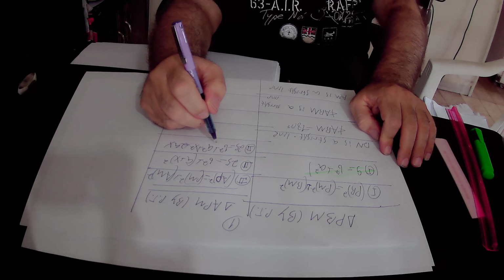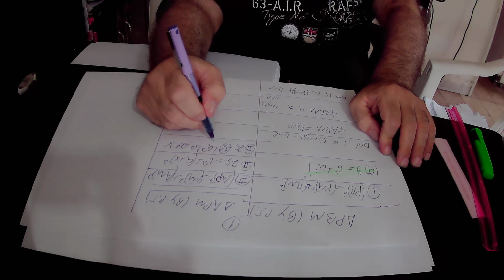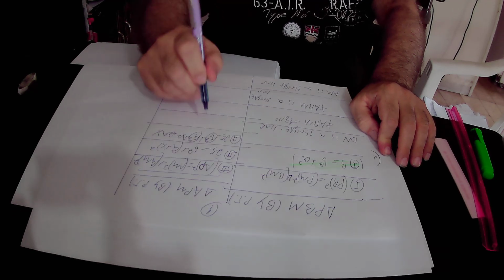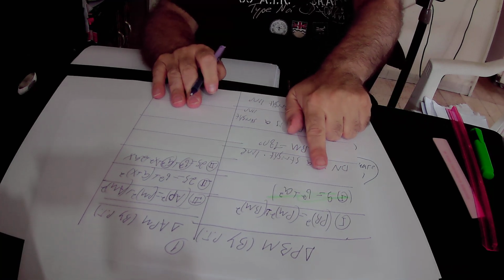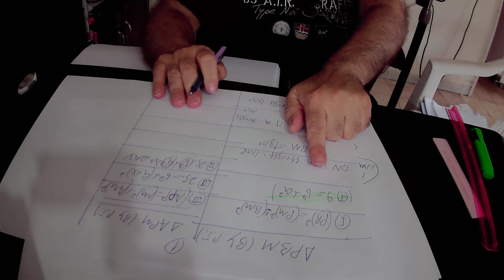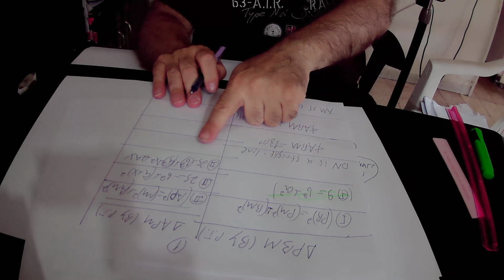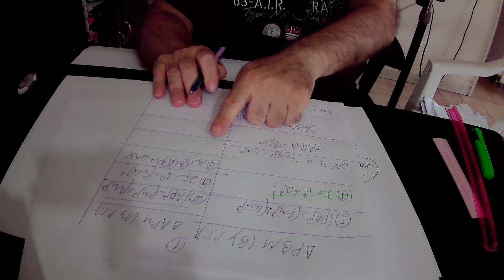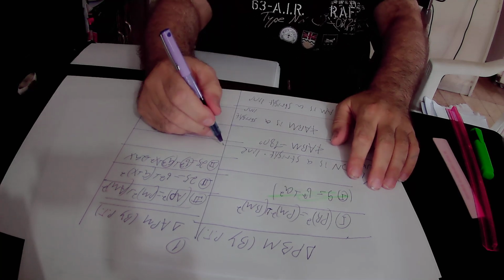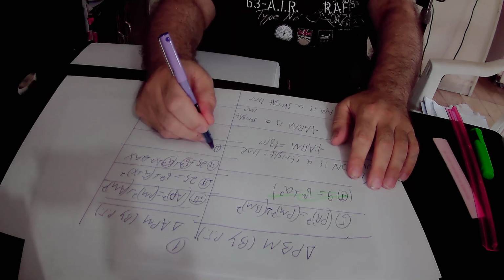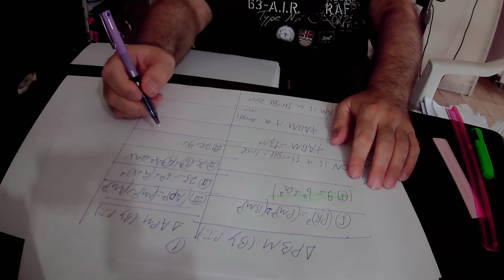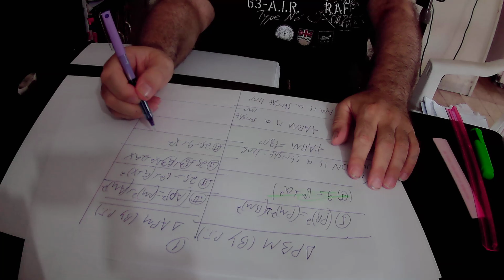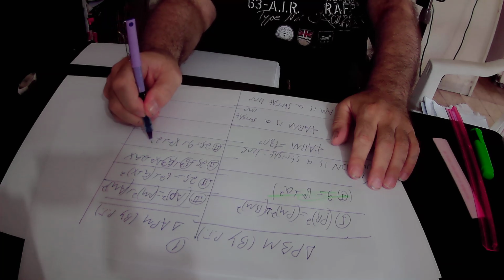So here we have B square plus A square in this equation, but we have already found out that B square plus A square according to equation number 1 is equal to 9, therefore we can substitute A square plus B square in equation number 2 by 9. We get that 25 equals 9 plus x squared plus 2ax.